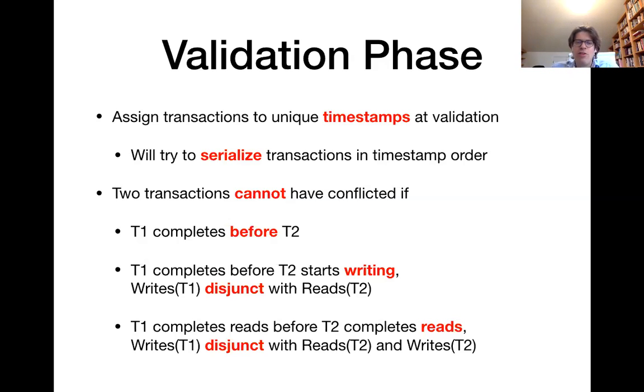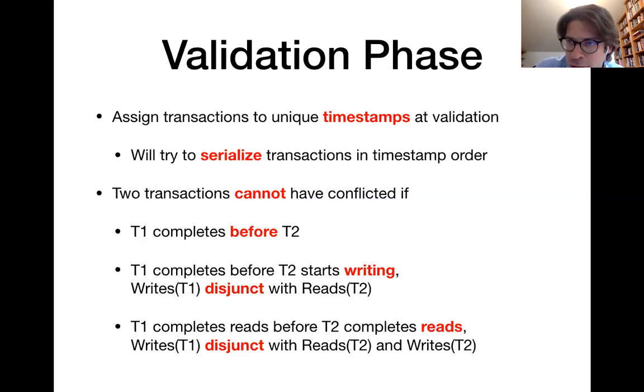And as an extension of that, perhaps the first transaction completes its read phase before the second transaction completes its read phase. That means that we could, for instance, have overlapping writes in addition to the first transaction writing objects read by the second transaction.